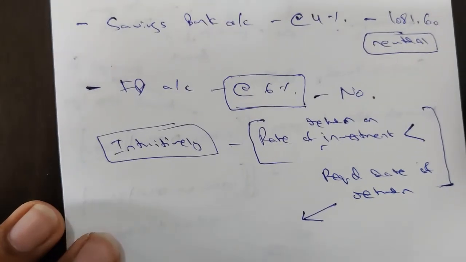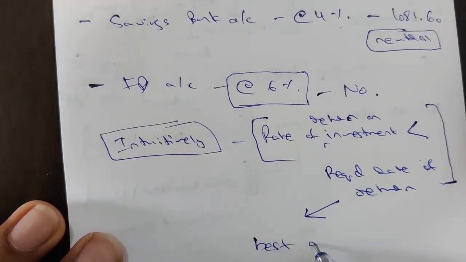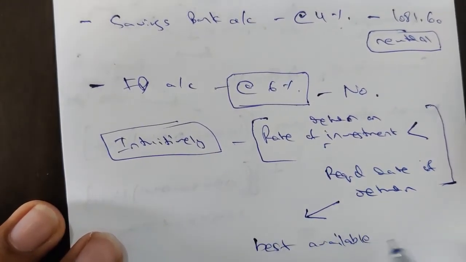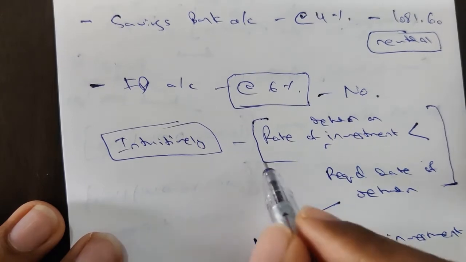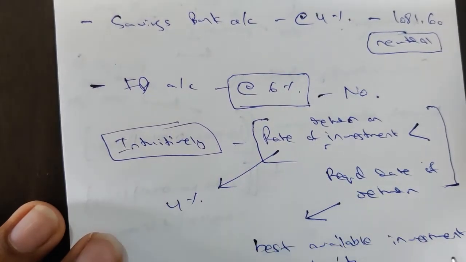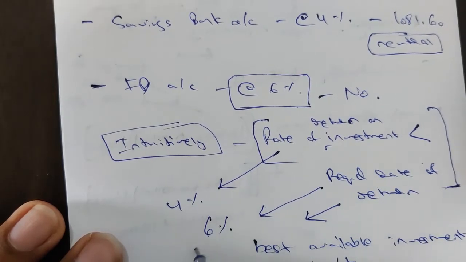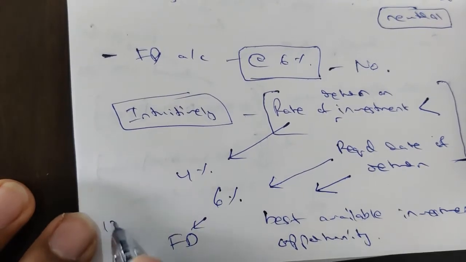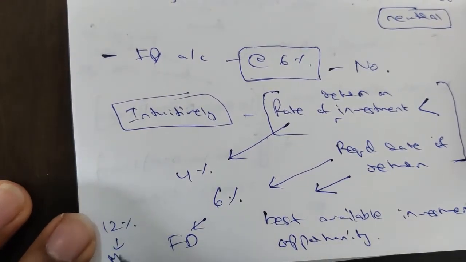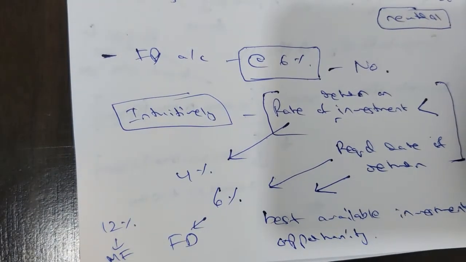Here we are assuming it to be dependent on your best available investment opportunity. So your rate of return on investment, which is 4%, is less than your required rate of return, which is the best possible investment in an FD. Now if I say I can earn say 12% in a mutual fund, then my required rate of return becomes 12%.